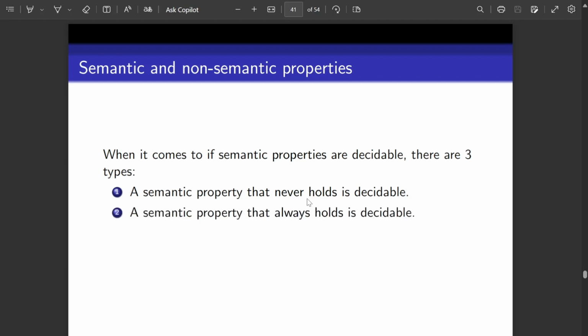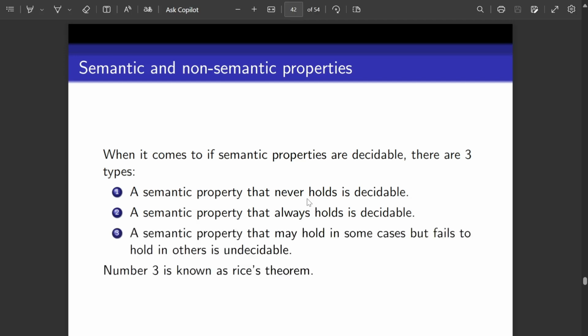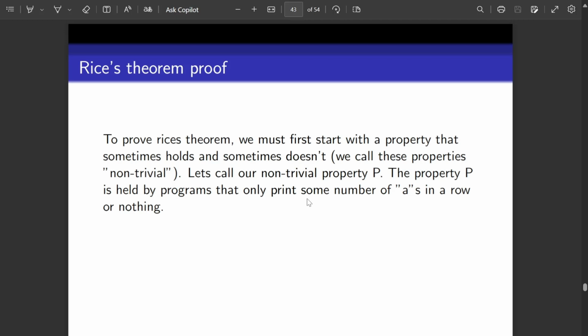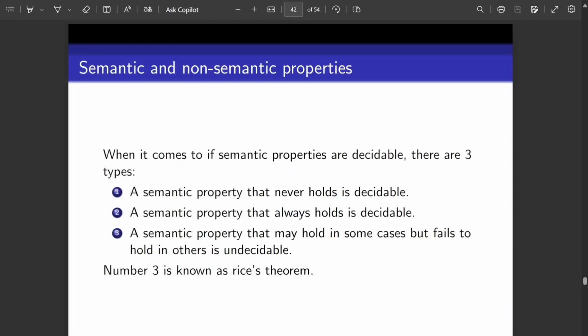And the same with a property that always holds. But number three, a semantic property that may hold in some cases, but fails to hold in others, is undecidable. Number three is known as Rice's theorem. So we'll move on to a proof of this.